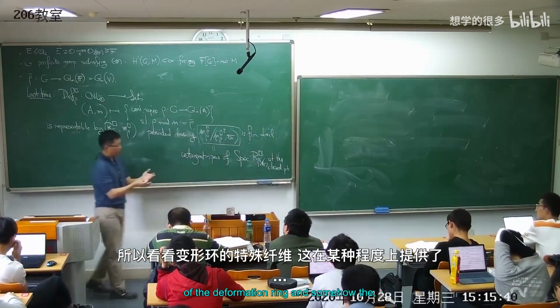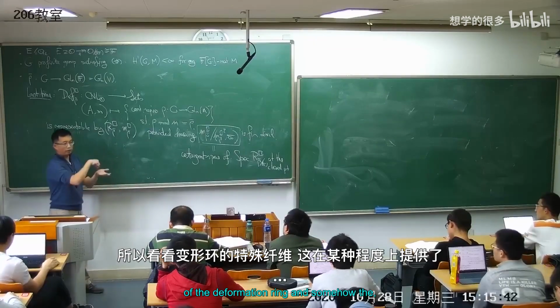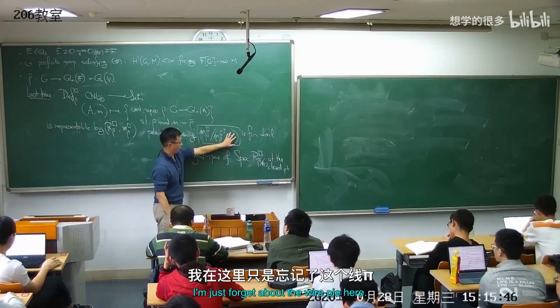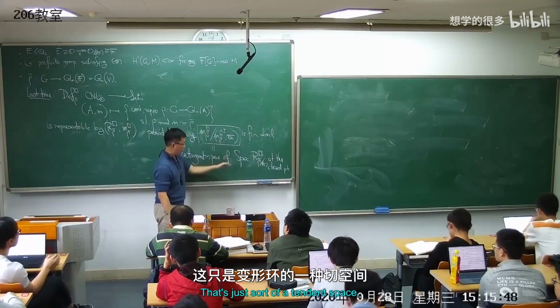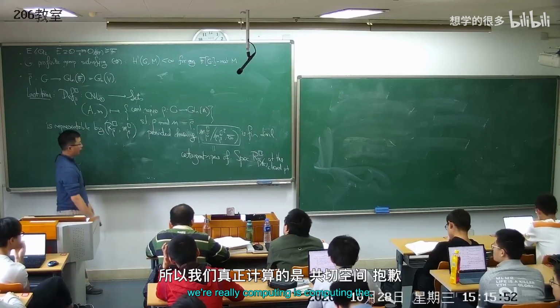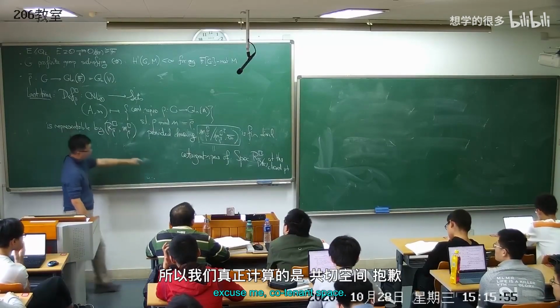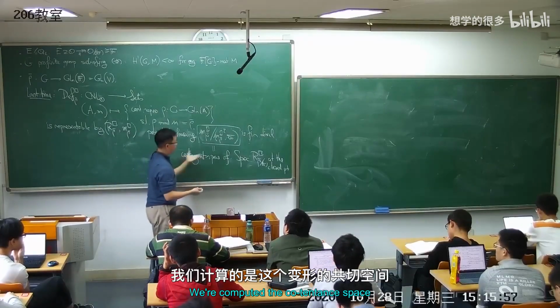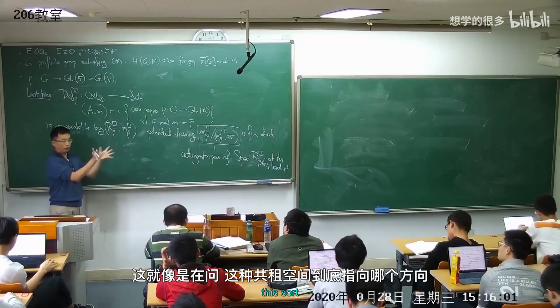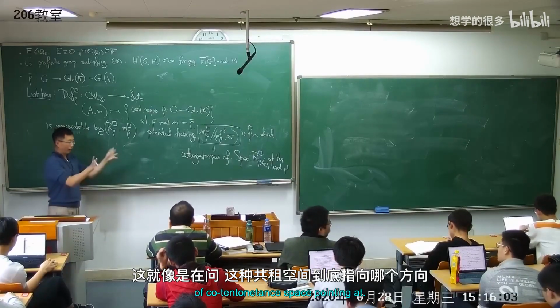Look at the special fiber of the deformation ring, modulo pi, and this maximal ideal squared. Just forget about the pi here. That's the tangent space of this deformation ring. So what we're really computing is the cotangent space of this deformation ring. It's like in which direction this cotangent space is pointing.